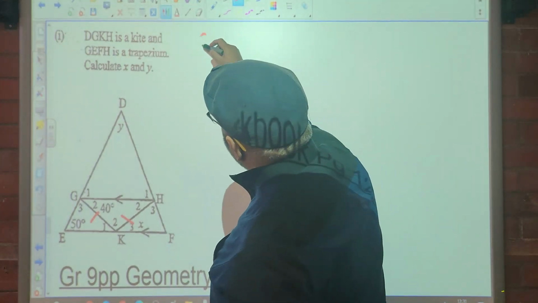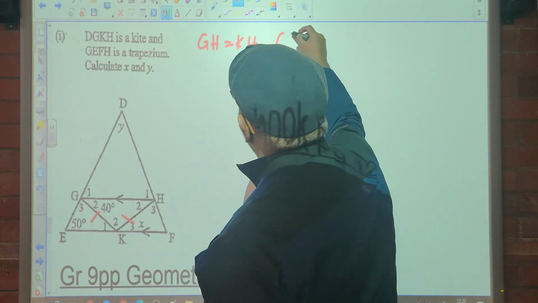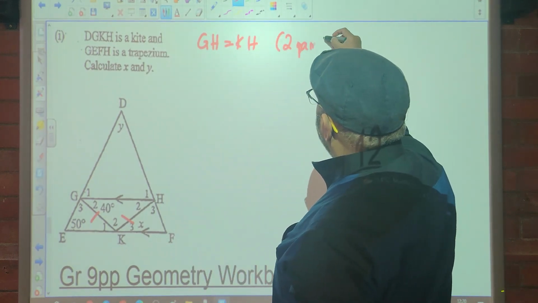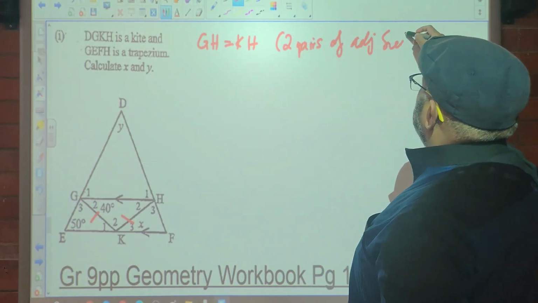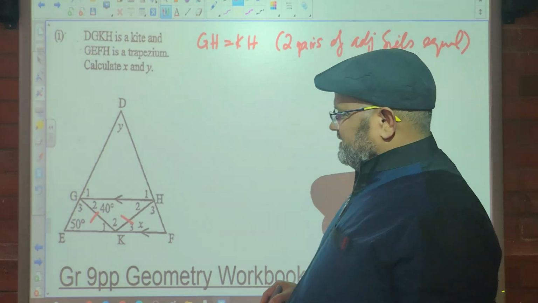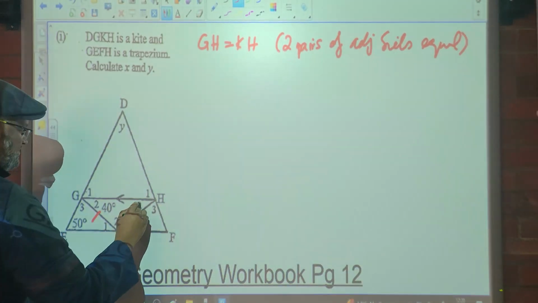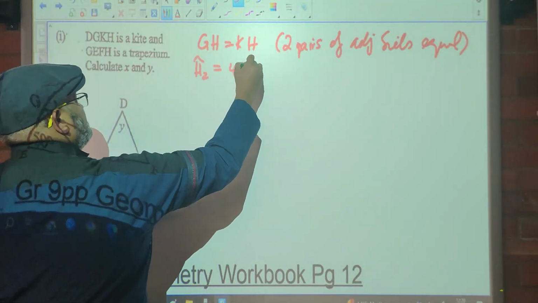We say that GH is equal to KH. Why? Two pairs of adjacent sides are equal. Now we say that H2 is 40 degrees. Why is H2 40 degrees?